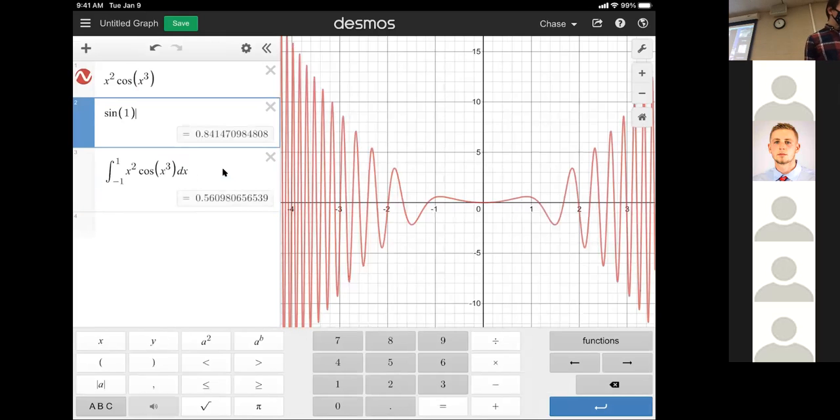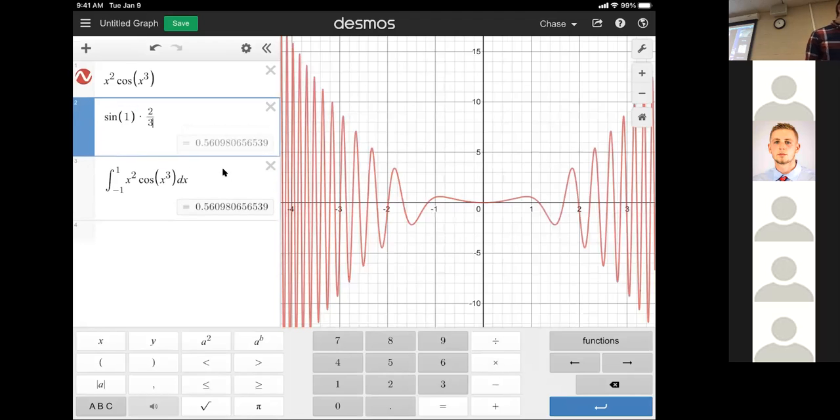And then if I type in sine of 1 times 2/3 to check and make sure I'm right, look at that, I am right. We got there together.